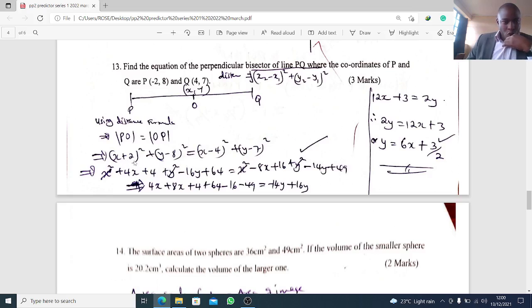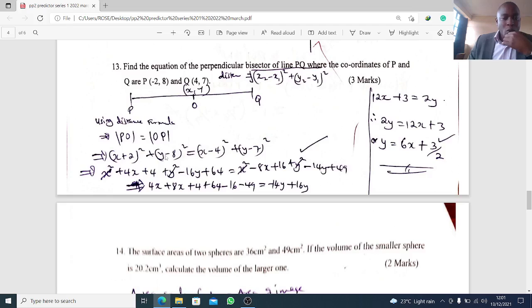You use (a plus b) squared is the same as a squared plus 2ab plus b squared. So this is x squared plus 4x plus 4, then plus y squared, because (a minus b) squared is the same as a squared minus 2ab plus b squared.